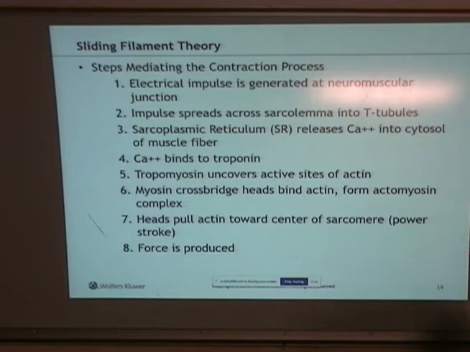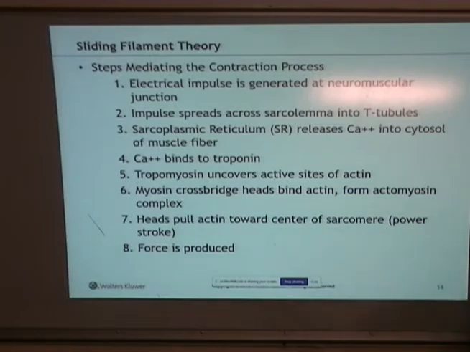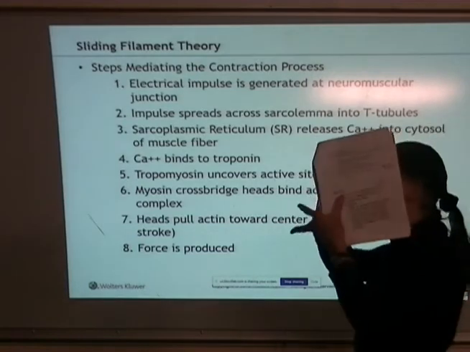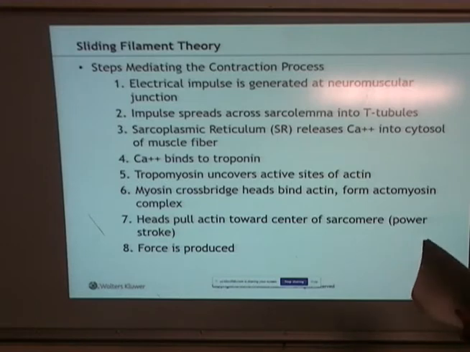The action potential will spread across the surface of the muscle cell, so across the sarcolemma, and then goes down into the T-tubules that are the tubes that run down through and into the muscle cell. The T-tubule lays quite close to the sarcoplasmic reticulum, the netting material that's wrapped around. And the sarcoplasmic reticulum contains calcium ions, which play a crucial role in muscle contraction.